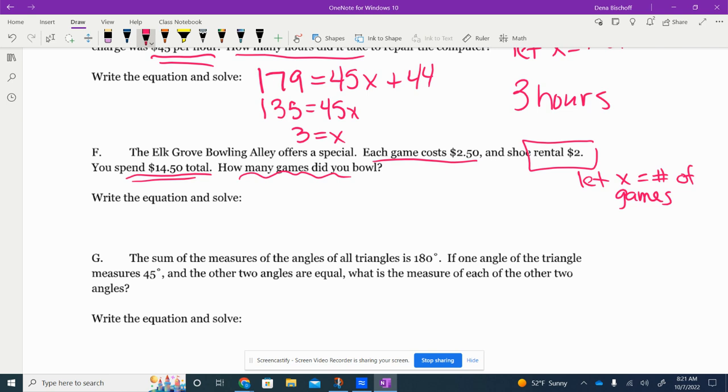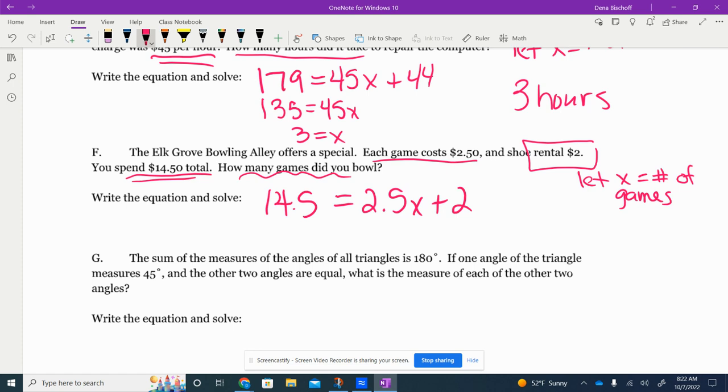Who wants to give me an equation? $14.50 equals, I'm sorry, I started with the wrong number. 2.5x plus 2. Perfect. Sorry about that. I was dragging behind.